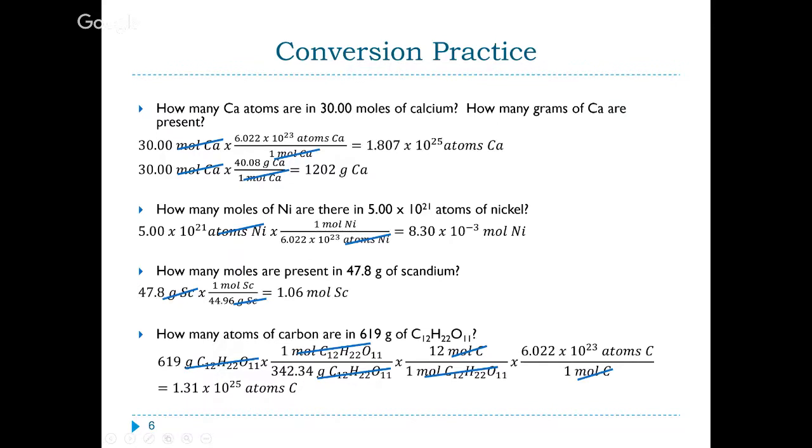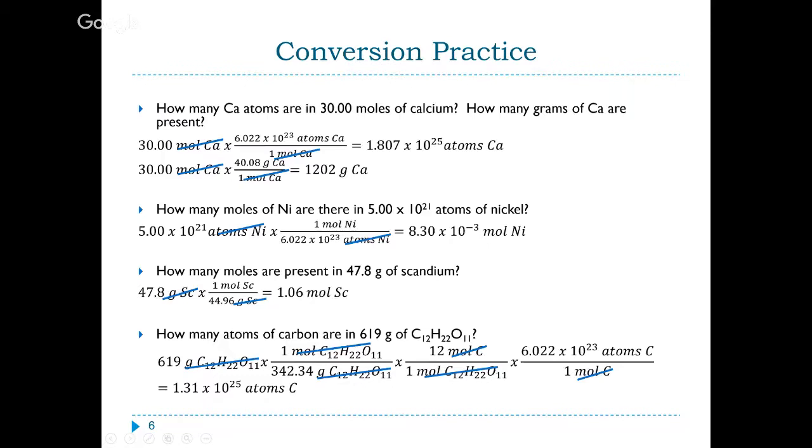How many atoms of carbon are in 619 grams of C12H22O11, which is a molecule, or not a molecule, but the compound of sucrose, table sugar? So this is going to be one step further because now we're looking at the individual atoms that are present. So I know that for every one molecule that I have of this, there are 12 carbon atoms.